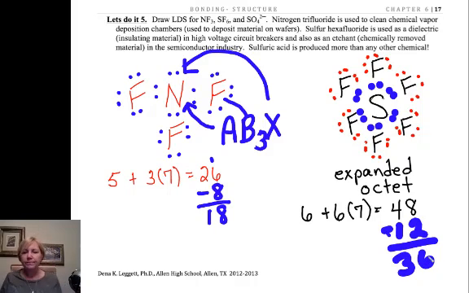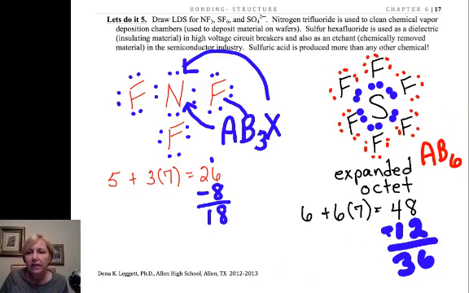And there we go. There's 8 around all of them, and I've used my 48 electrons. Again, I'm going to use the letter A to represent the sulfur. The B represents the fluorines, the peripheral atoms, or it could be a peripheral cluster of atoms hanging off the center, and there's 6 of them, and I don't have any non-bonded pairs.